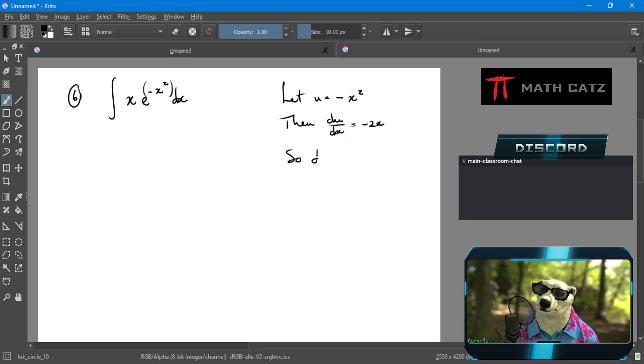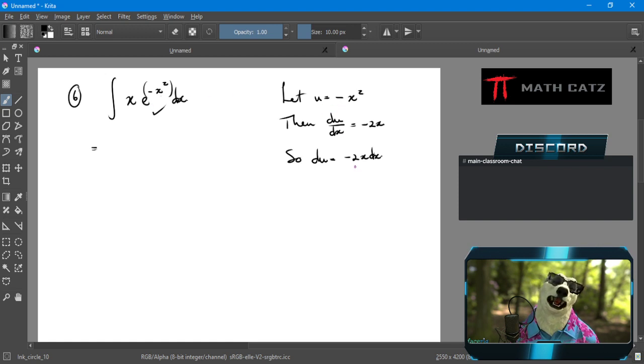I separate the differentials, negative 2x dx. And this tells me how to swap out x's and have only u's, which will be an equivalent but simpler looking integral. So I just need to check. I have this guy, which is going to become e to the u, so that's good.